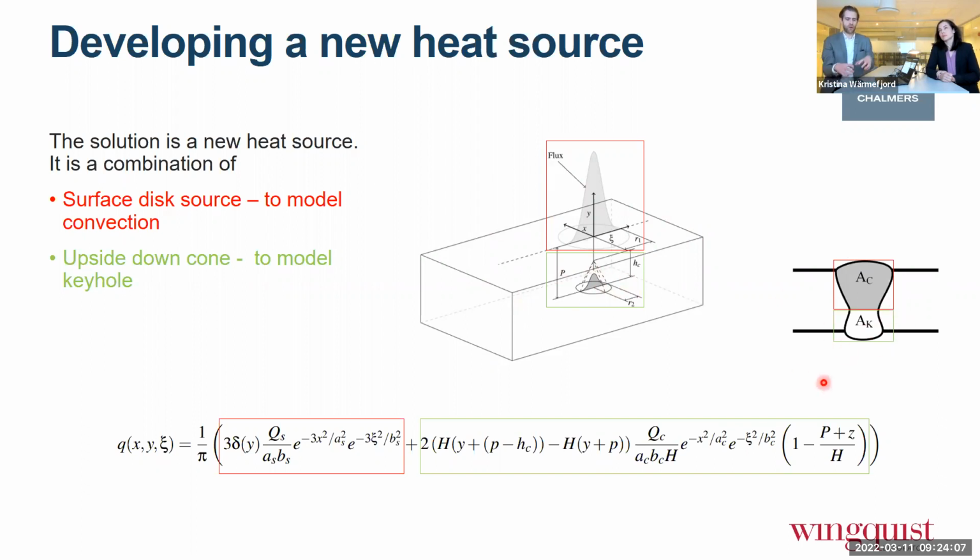So it was rather easy to look at what area we expect to be the convective area in comparison to the digging area down here. And then we know something about how to distribute these two heat sources, because we typically know the sum of these two, how much energy we put into the geometry.